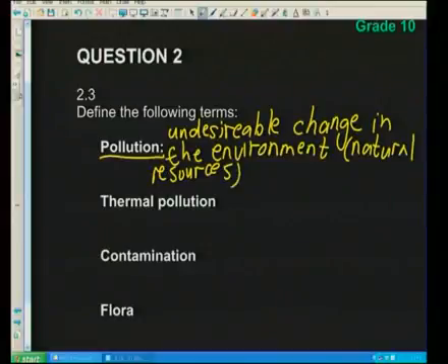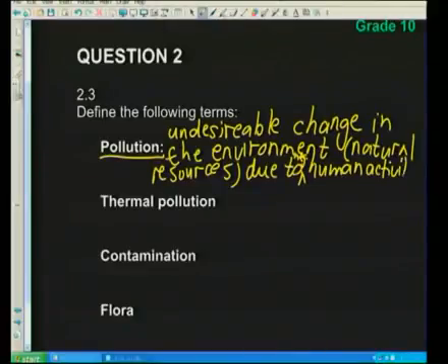All right? And that is due to what? That is due to human, and we can actually say negative human activities.